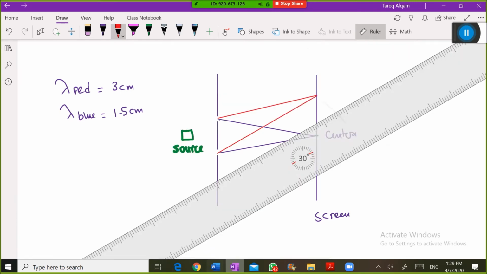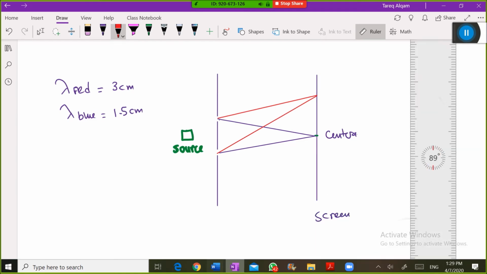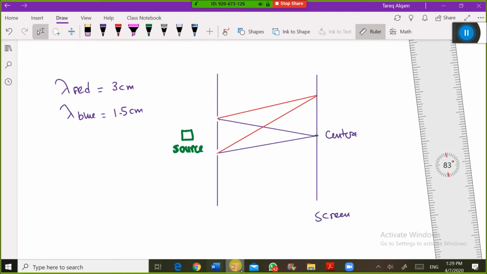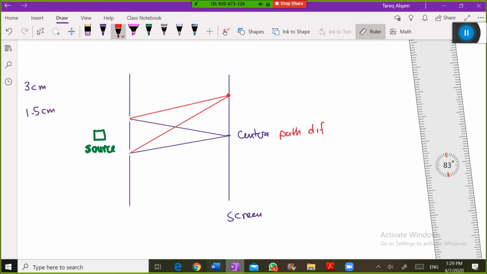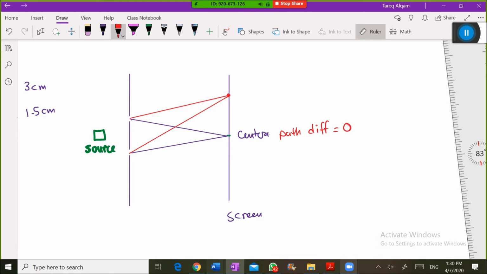We will talk about this later. Here, guys, let's take these two positions on this screen: the central one and the first one. At the central one, the path difference is 0. Let's say at this point, for example point A, the path difference is 1.5 centimeters.